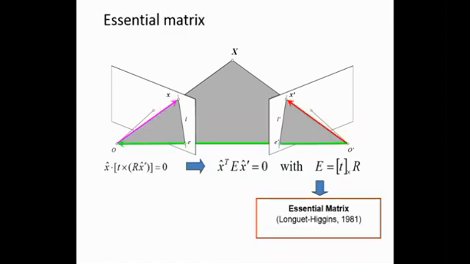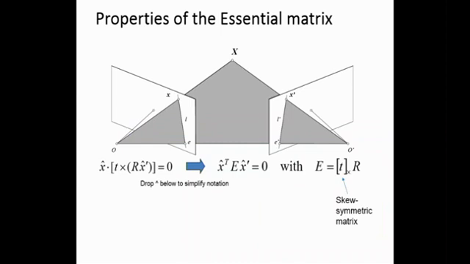The essential matrix was first described by Longuet-Higgins in 1981, and it's one of the most basic concepts in general stereo.